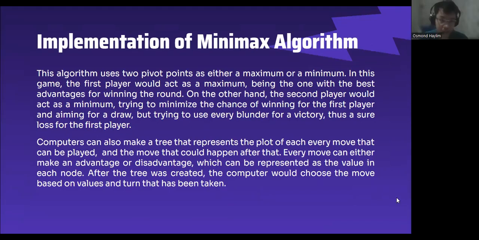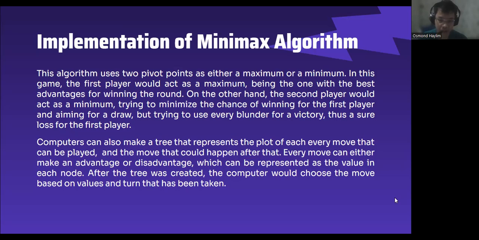Now there is the implementation of the Minimax algorithm in tic-tac-toe. This algorithm uses two pivot points, a maximum and a minimum. In this game, the first player would act as the maximum because the first player is the one with the best advantage for winning the round since he gets the first turn.